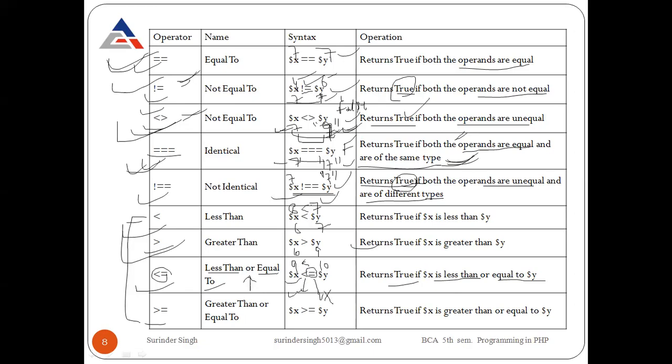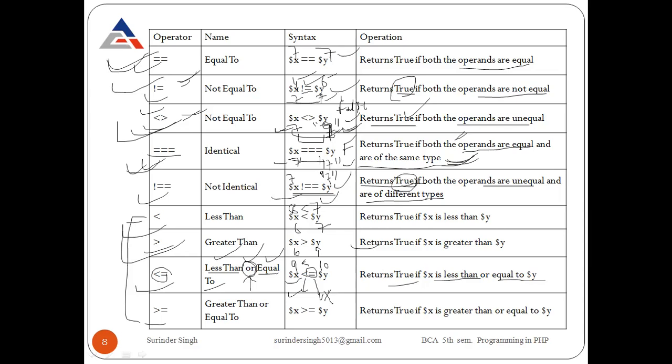There is an or in between, so it returns true if this condition is true or this condition is true. We need only one condition to be true, then it will return true. So here the less than condition is true, but the equal to condition is false, but since we have an or, it returns true. We need at least one condition to be true for getting the result true.